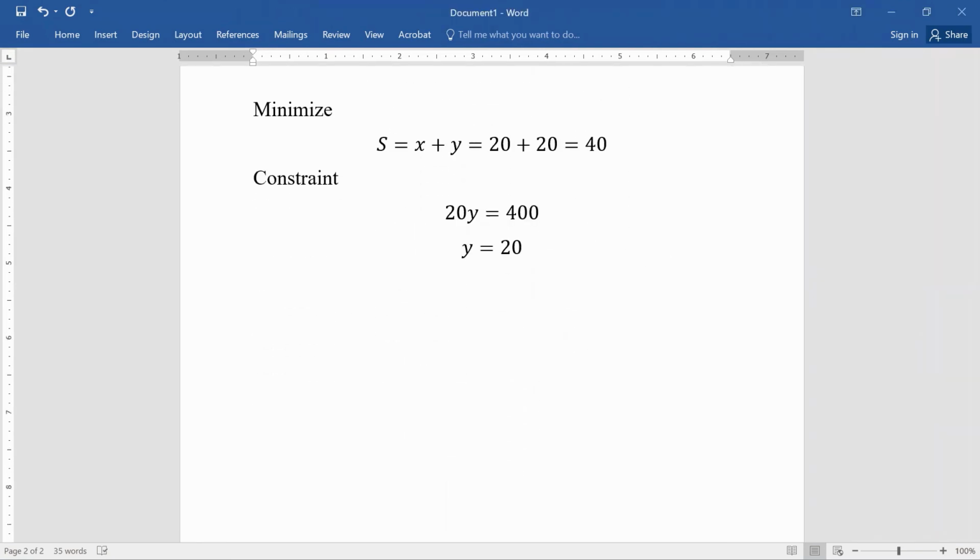So the minimum sum is 40 when x equals 20 and y equals 20. And that answers our question.